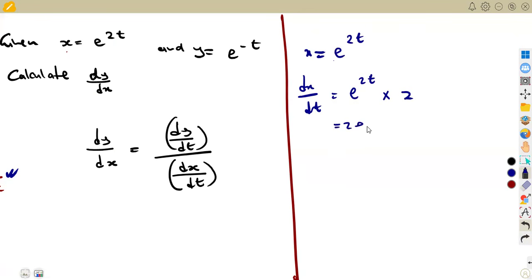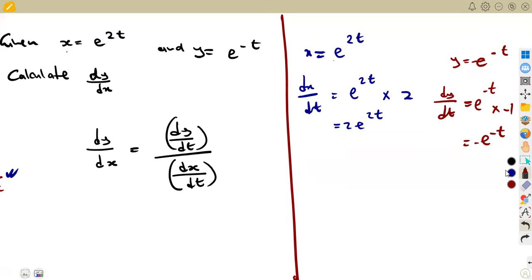So that's 2e to the exponent of 2t. The same thing for y, which is equal to e to the minus t. It's going to be the derivative of y with respect to t. We do the same thing: e to the exponent of minus t remains as it is, times the derivative there, which will be minus 1. So this will be minus e to the exponent of minus t.